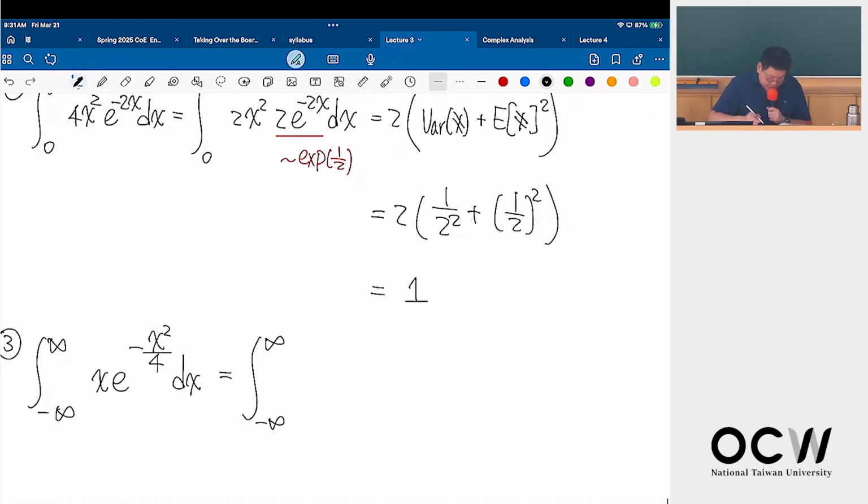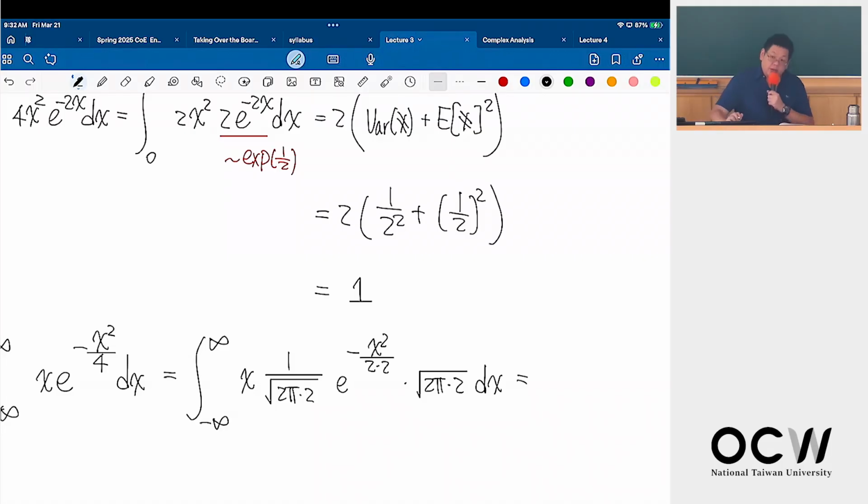So here we have x, and then e to the minus x squared divided by 2 times 2. And here I have an additional term, 1 over the square root of 2 pi times 2. And then we multiply this term back, square root of 2 pi times 2, dx.